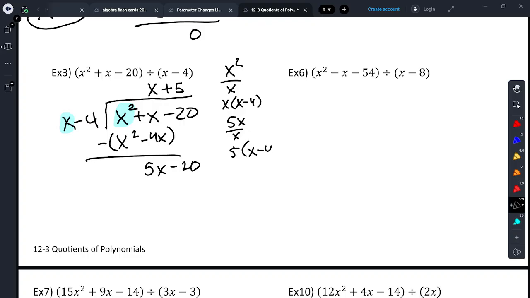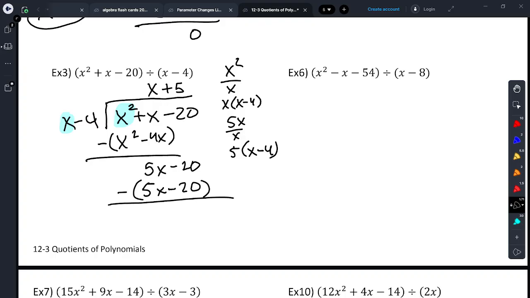X minus 4. Good. And we get 5x minus 20. Good. What do I do with that number?